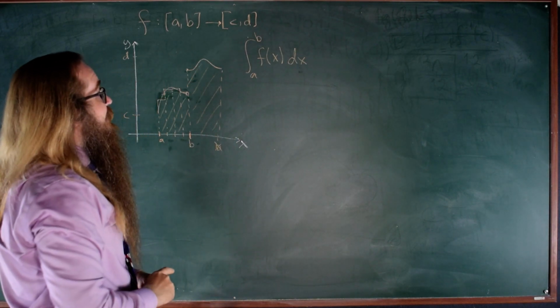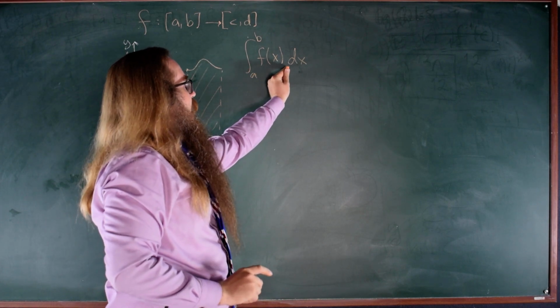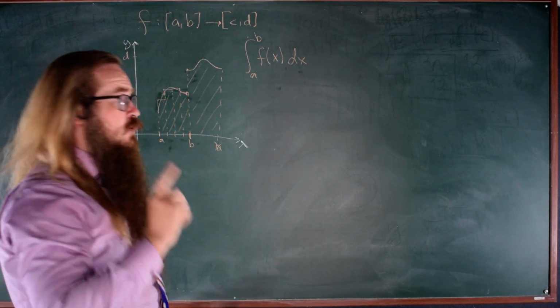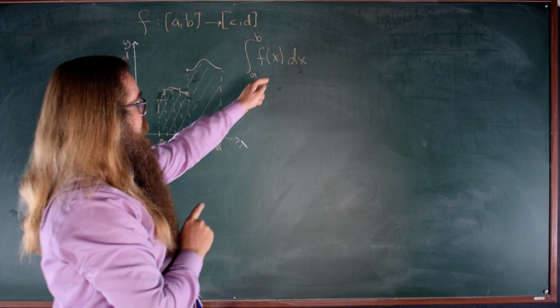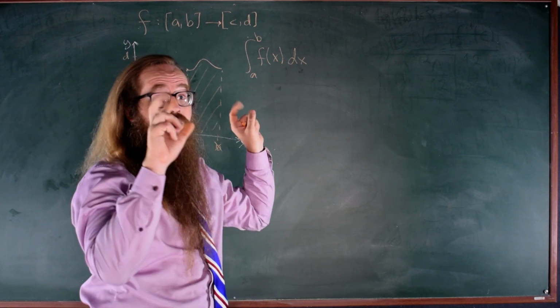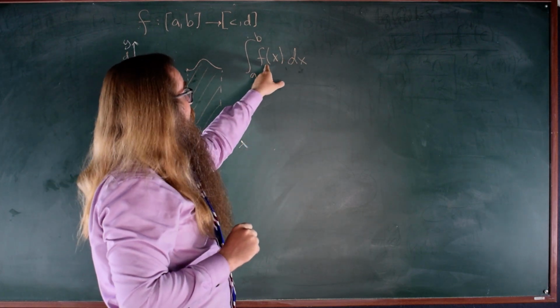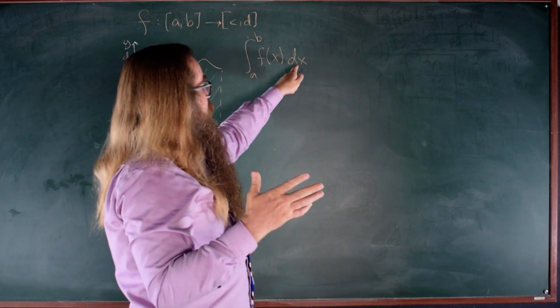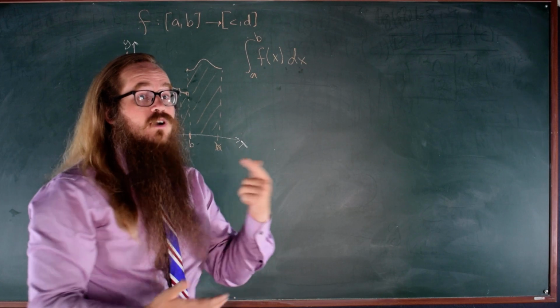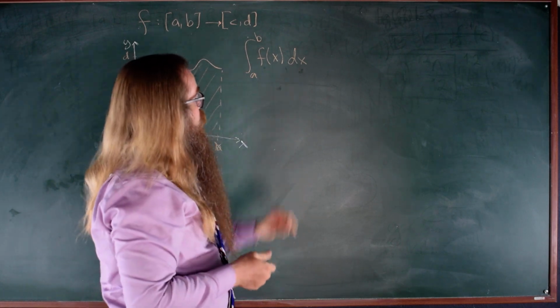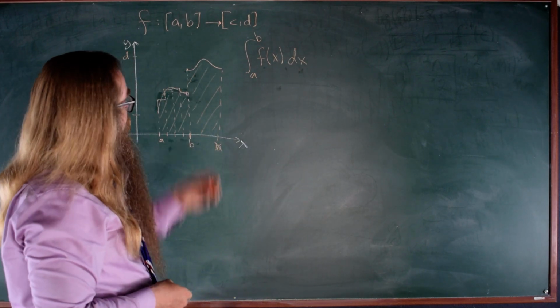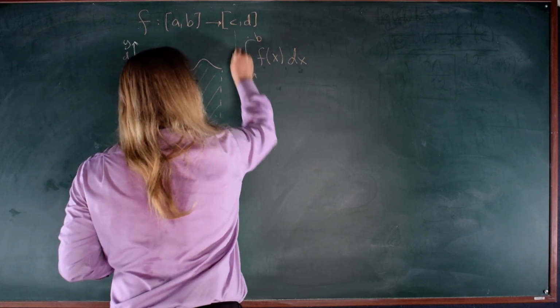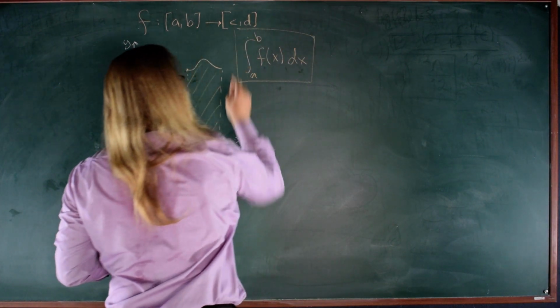And the dx is just the delimiter. So it just goes, okay, this is the end of our function, but it also serves another purpose. And the other purpose is to tell us, well, this is our variable. Because we can technically have f that's a function of several variables. And it's important to tell the function, okay, which variable am I looking at right now? So that's the two purposes of this dx here. So this is the notation for the area under the graph.